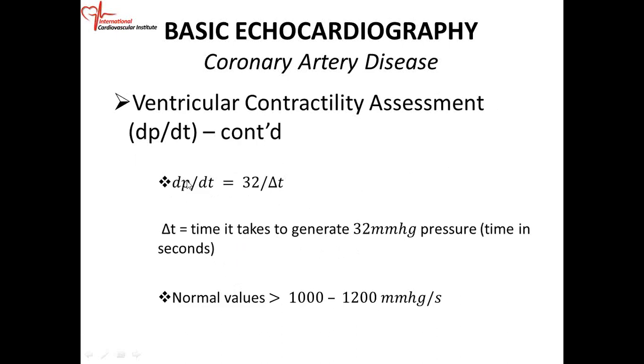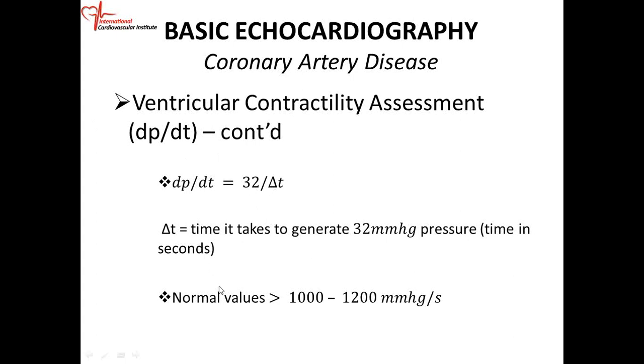So the change in pressure is 32, as we have shown before. At 1 meter per second and 3 meters per second, the change in pressure, all you do is use your modified Bernoulli equation, pressure is equal to 4V squared. So the change in pressure is 32 millimeters mercury. And if you divide that by the change in time, then you get your dP/dt.